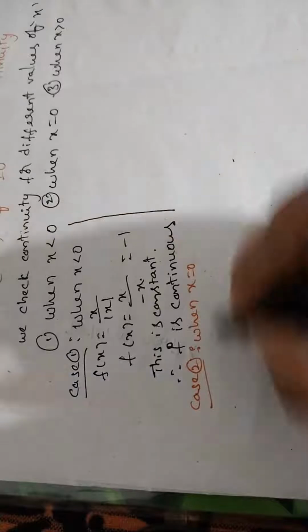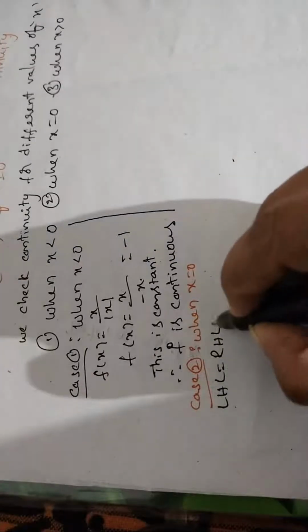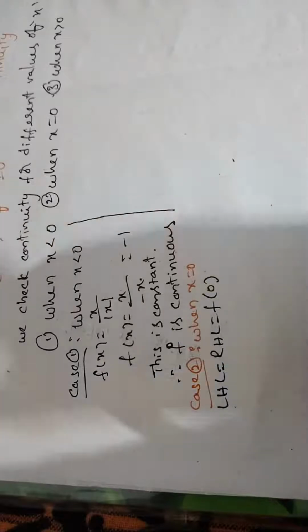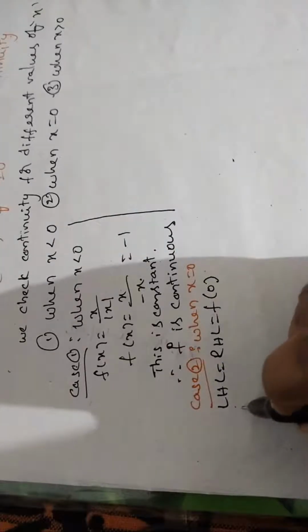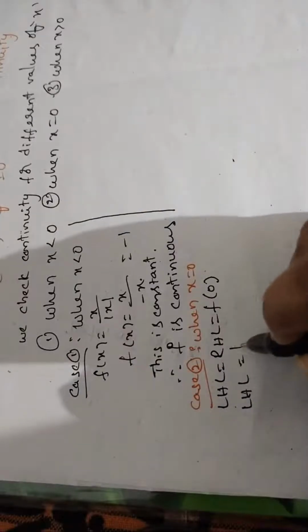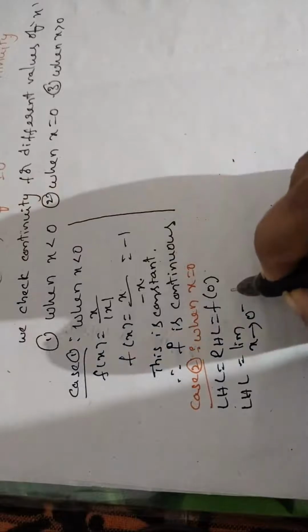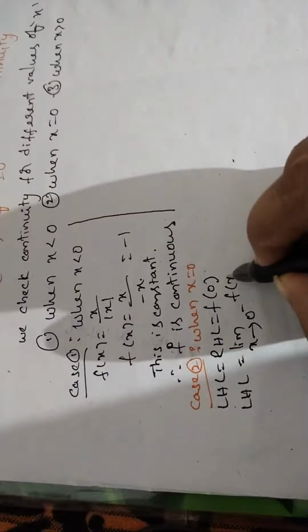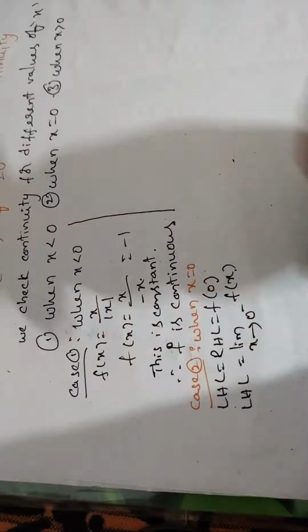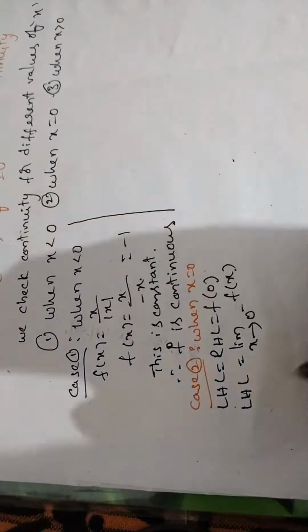When it equals to, then LHL is equals to RHL is equals to f of 0. How can we write a left hand limit of 0? That is, limit x tends to 0 minus f of x.